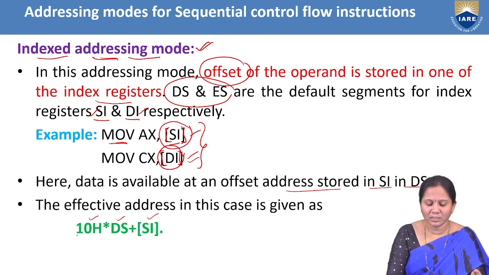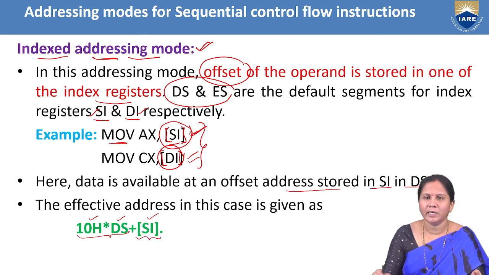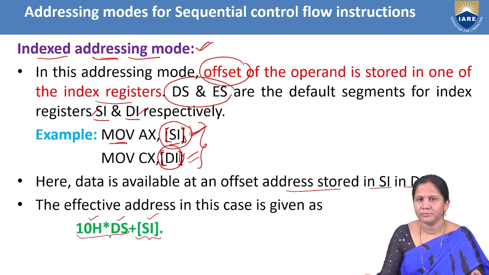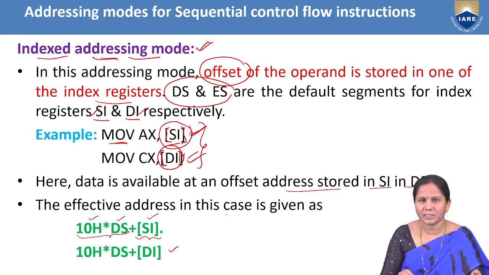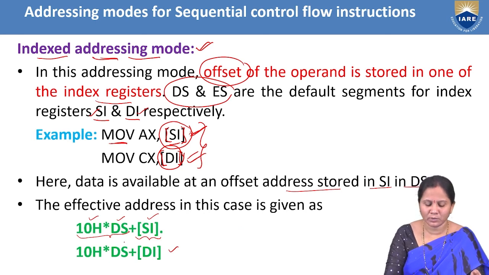Here the segment address we get from the data segment, and the offset address we get from the source index. And this is another one. Why? Because we have considered two examples. MOVCX, DI: this is another index register which carries the offset address here also. So segment address into 10 plus offset address.